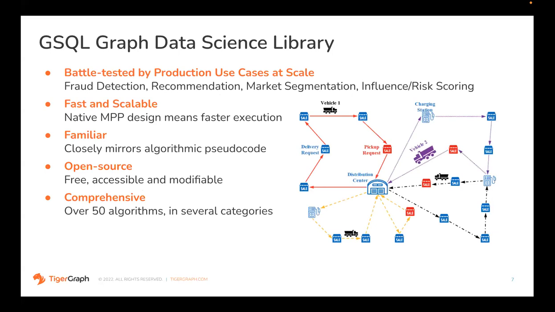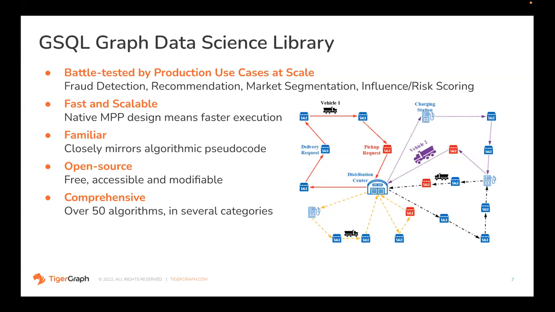And so we've had our graph data science library for probably about 5 years now. It's fast, scalable. The language it's written in, GSQL, enables you to translate the pseudocode you see in your research papers or in your college classes quite easily into GSQL because of this high level syntax, because of the procedural constructs like for loops and while loops and if else.